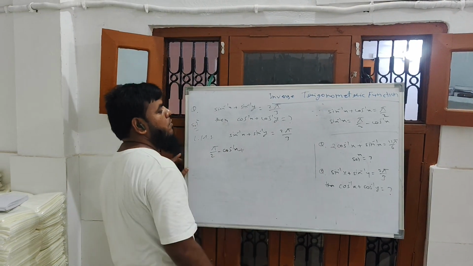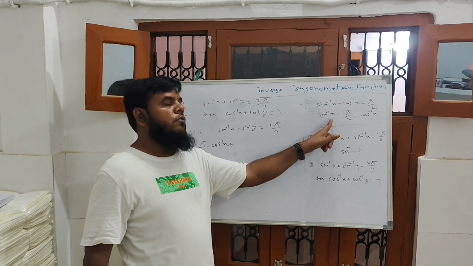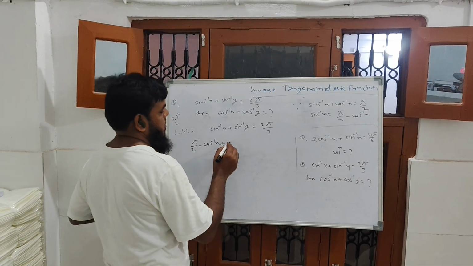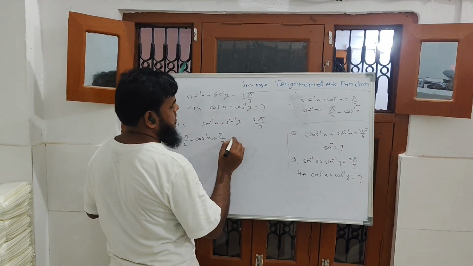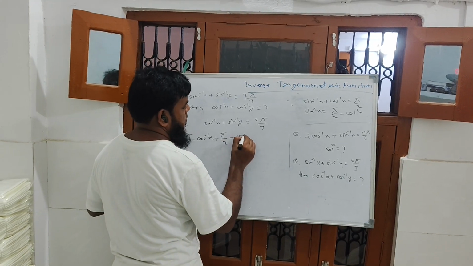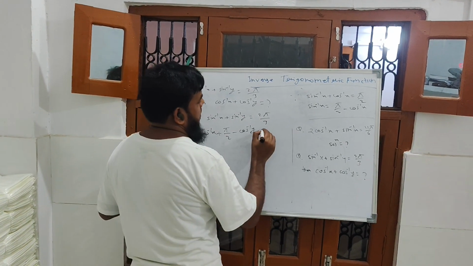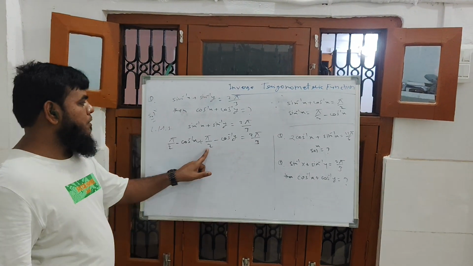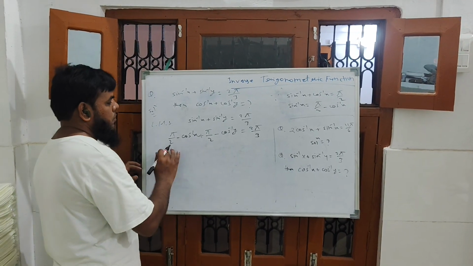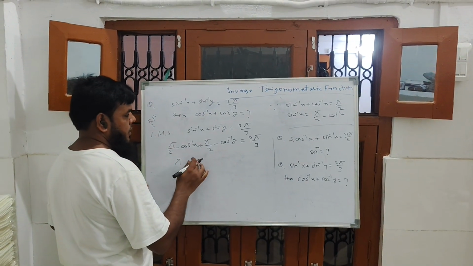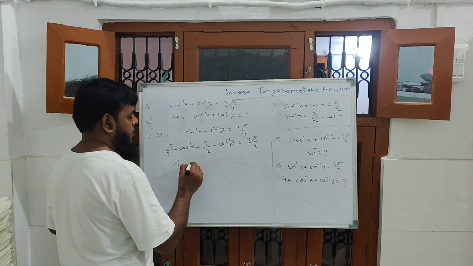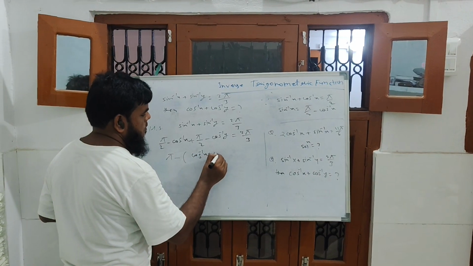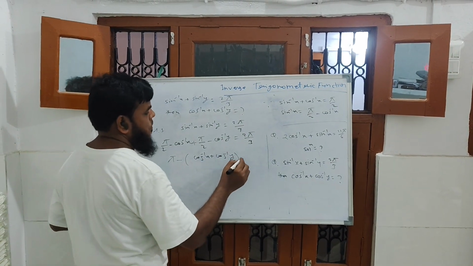Similarly, in place of sin inverse y we write pi by 2 minus cos inverse y, equal to 2 pi upon 3. Pi by 2 plus pi by 2 means pi. Taking minus common, it will be cos inverse x plus cos inverse y.